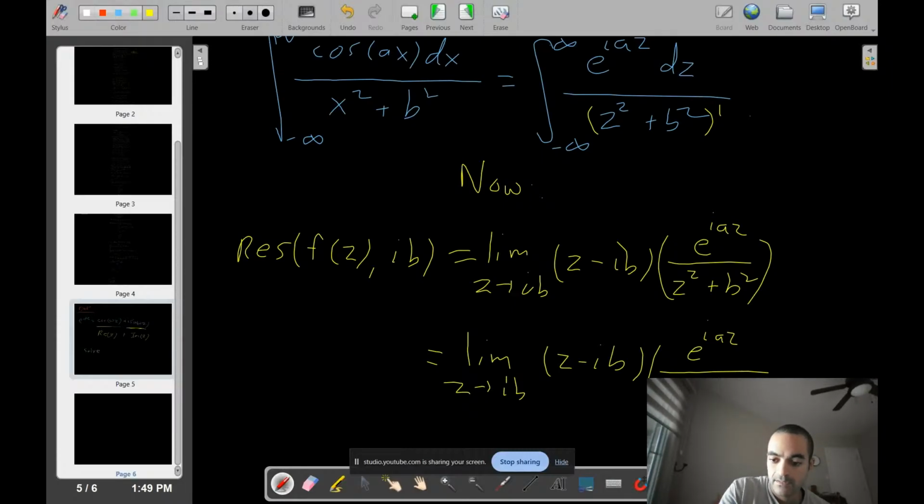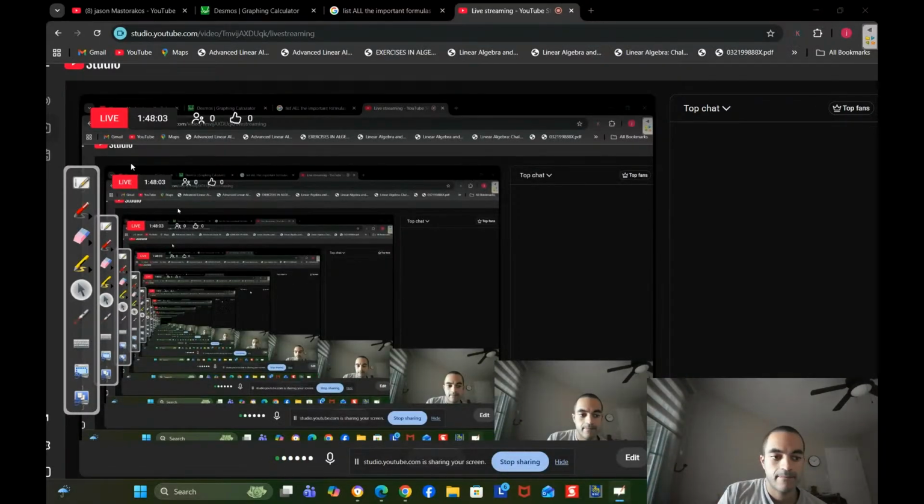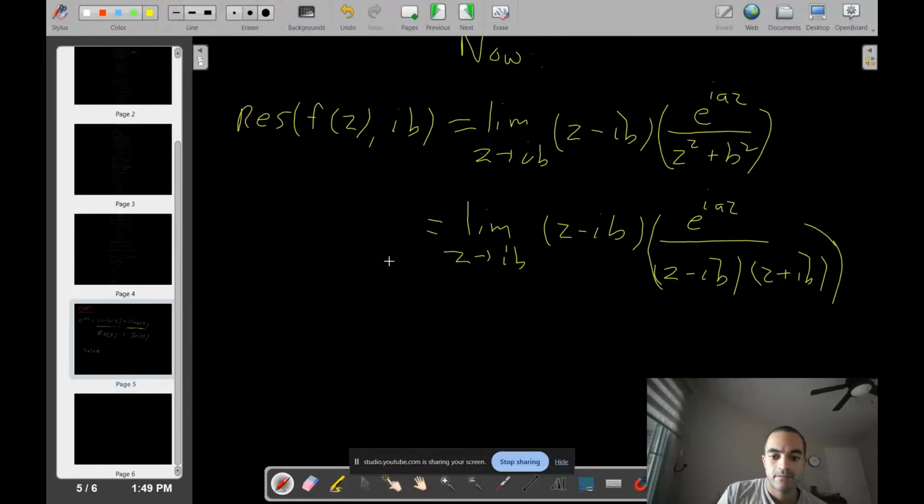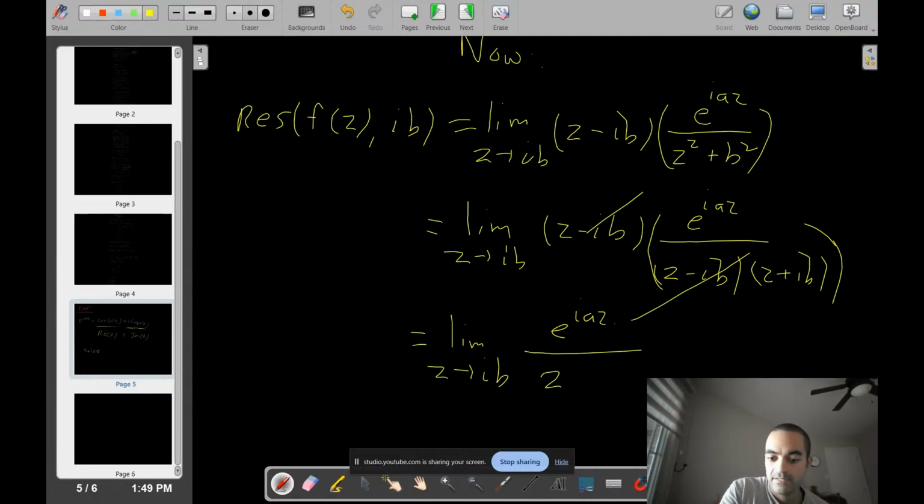Shouldn't be any questions on that. Then from here, this becomes the limit as z approaches ib. Z minus ib gets canceled. I'm left with e to the iaz divided by z plus ib.